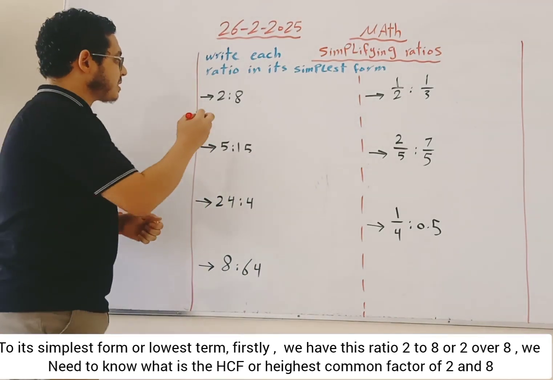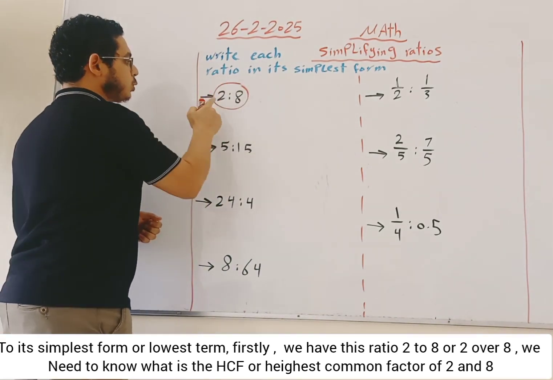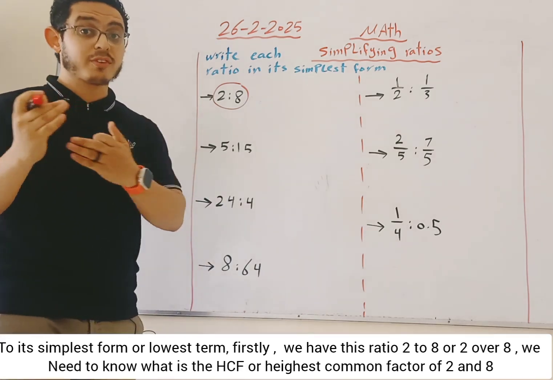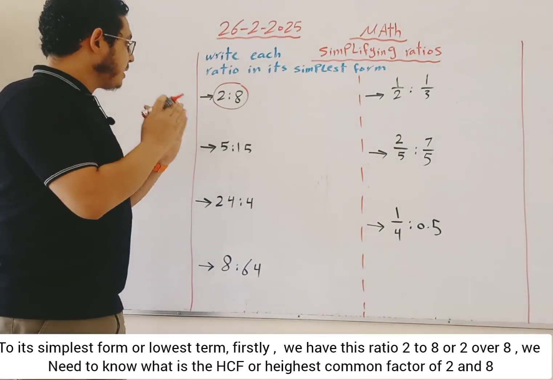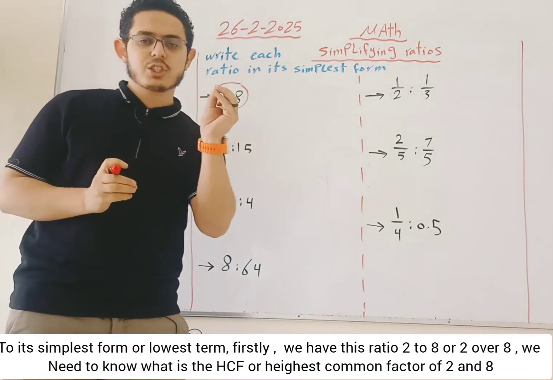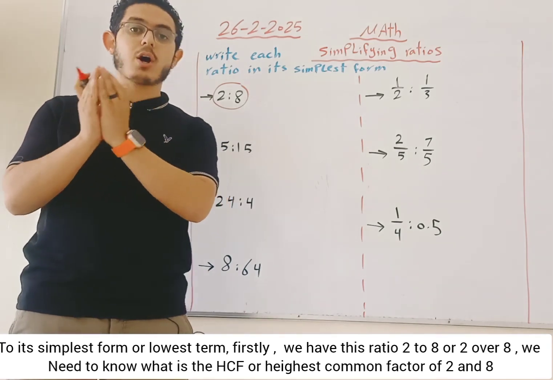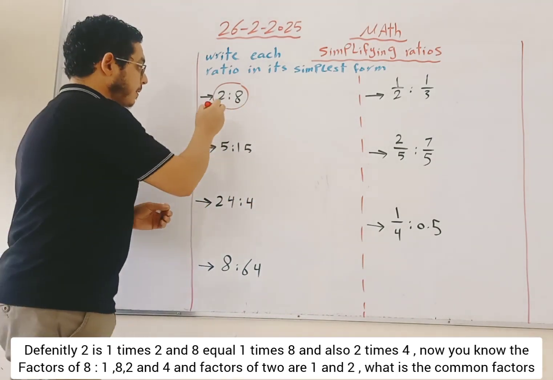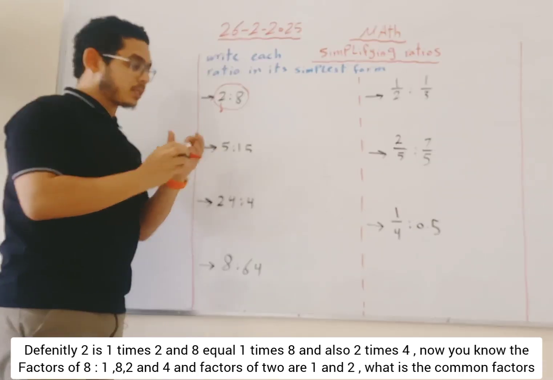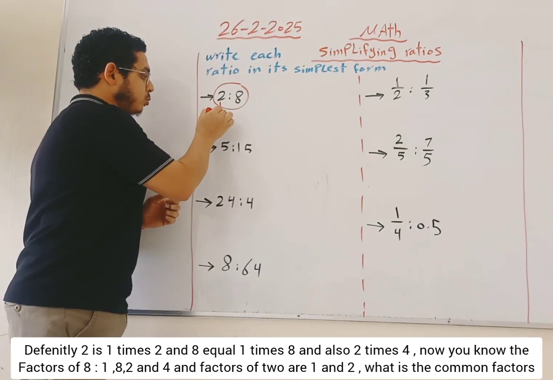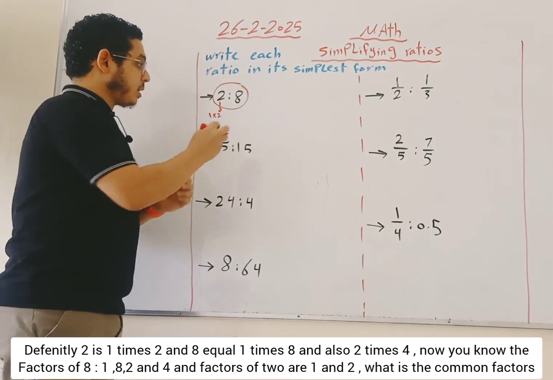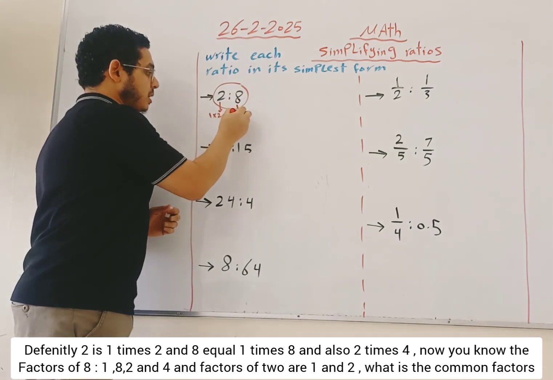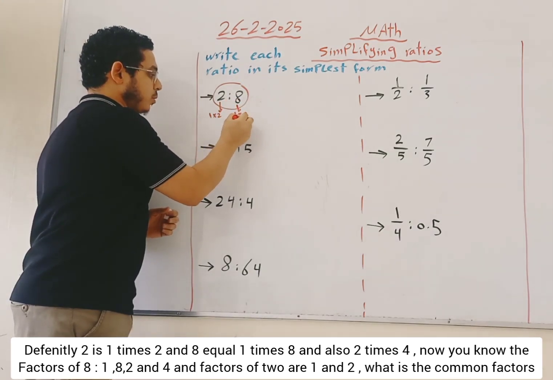Firstly, we have this ratio 2 to 8 or 2 over 8. We need to know what's the HCF or highest common factor of 2 and 8. Definitely 2 is 1 times 2 and 8 equals 1 times 8 and also 2 times 4.